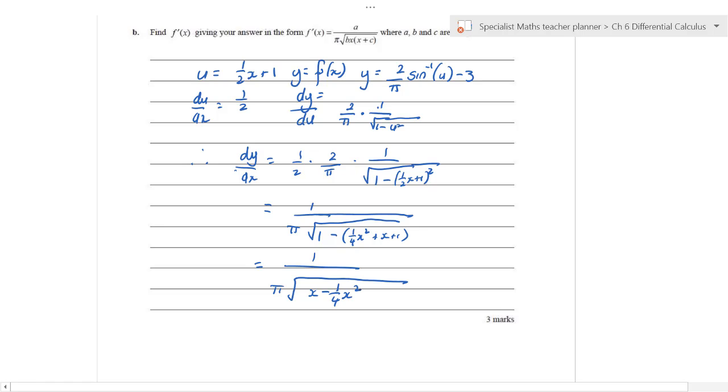Still not in the same format though, is it? Negative, yes it is. Negative x plus a... that's right, isn't it? So we're going to take a negative out the front. Or in actual fact, probably the better way to do it is let's take a quarter out the front.